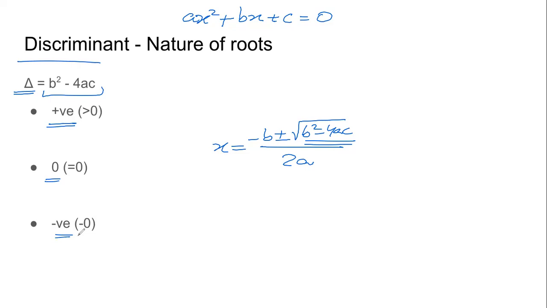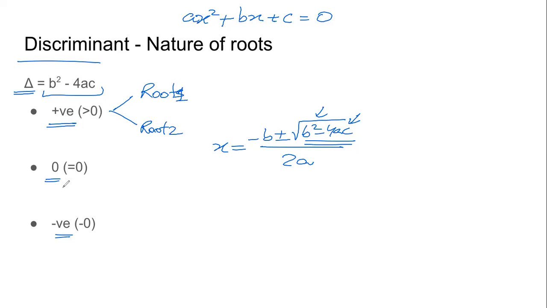Now, if this value is positive, square root of a positive number, that means it will have two values. If this part has two values, then the whole numerator has two values. If the numerator has two values, the fraction has two values. So there will be two roots, root 1 and root 2. And remember, what was the square root of 4?